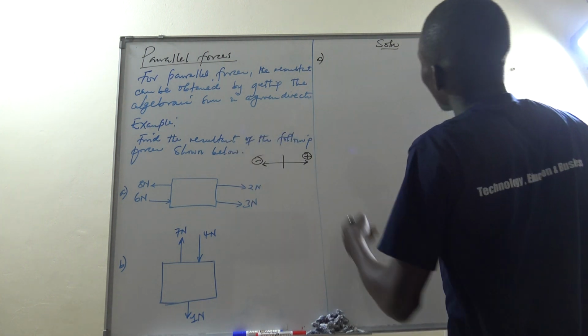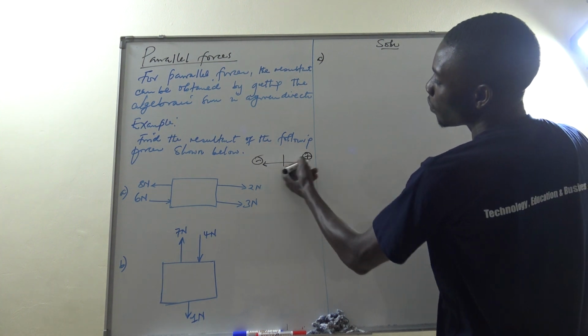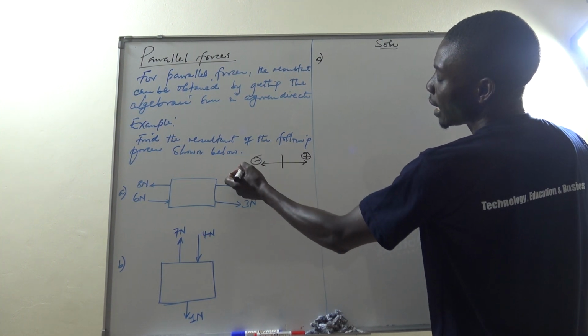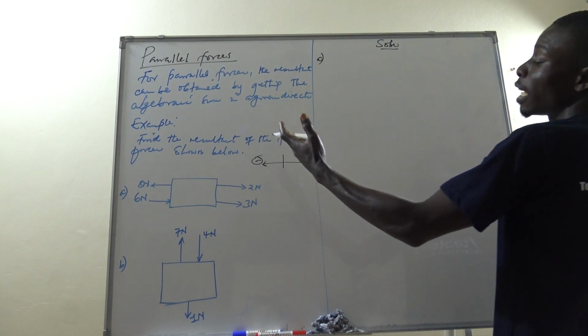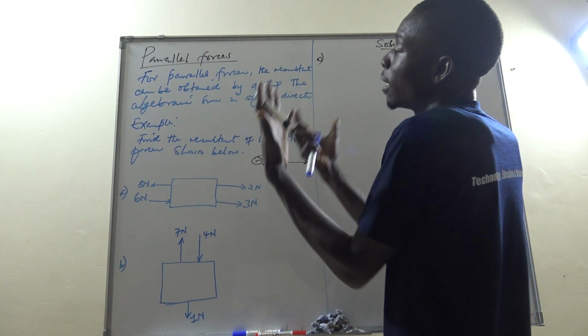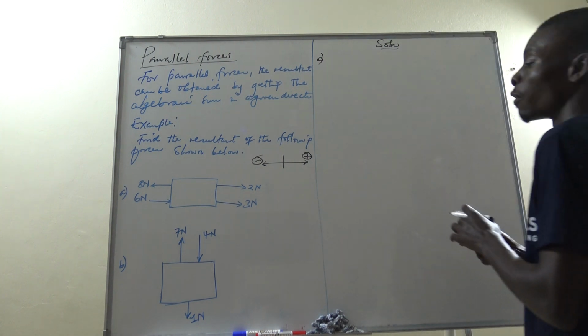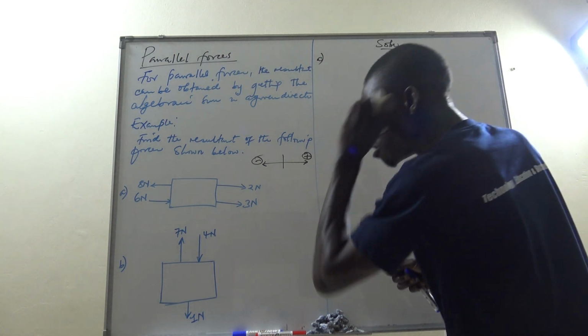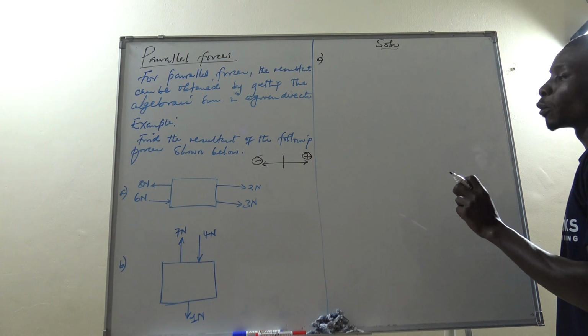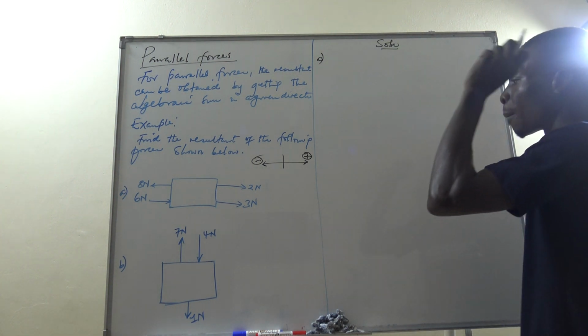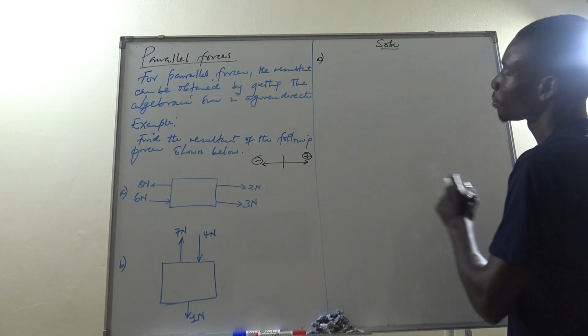So, how do we now solve this one? After knowing that whichever force is going this side is positive and the other side negative, and that for parallel forces we just get the algebraic sum of the forces in a given direction, not forgetting the convention of negativity and positivity.